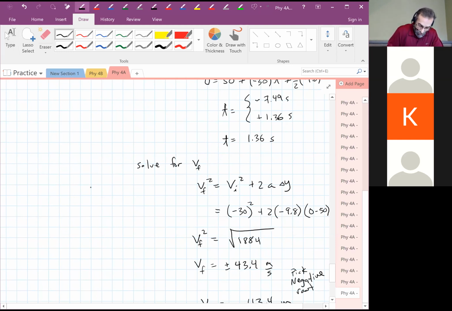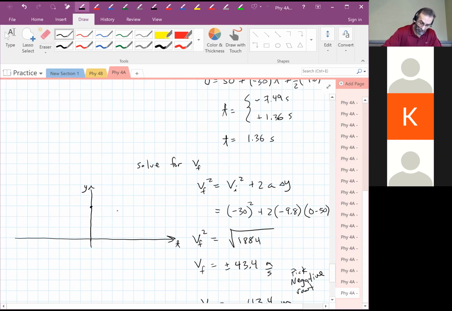If we plot our y versus time, we started out here, and we threw the ball down, and it ended up hitting something like that.